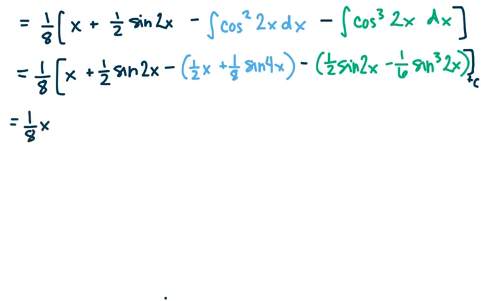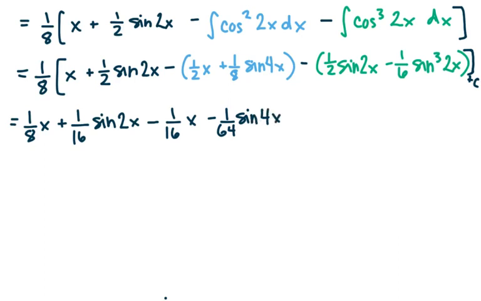So I have 1/8 x plus 1/16 sine of 2x minus 1/16 x minus 1/64 sine of 4x minus 1/16 sine of 2x, minus, that would be a plus, 1 over 48 sine cubed of 2x and plus c.